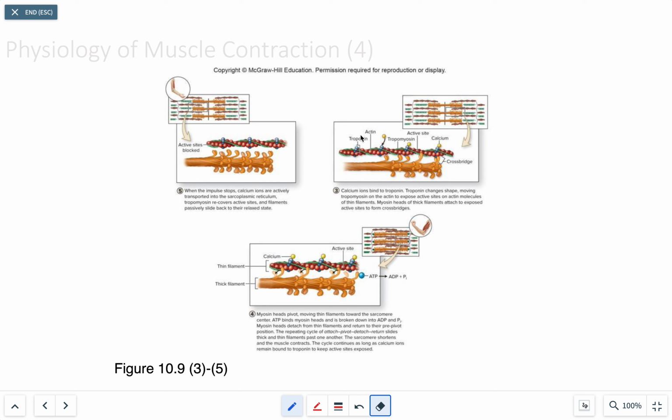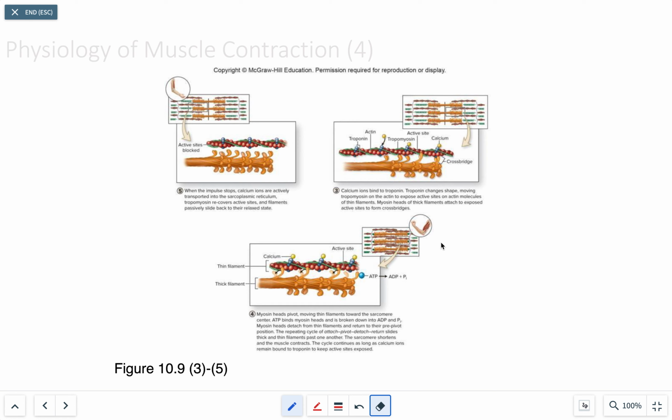In the next slide, what we're going to see is that the calcium here is going to bind to troponin. Once we see the binding of troponin, the troponin molecule will change the position, rolling the tropomyosin strand. Again, the tropomyosin strands are these G-actin and F-actin strands, shown here in red. So calcium will bind to troponin. Troponin will turn tropomyosin, which will then allow for the activation sites to be exposed.